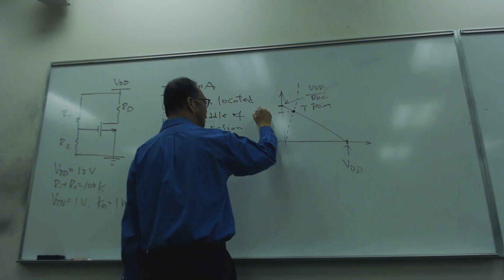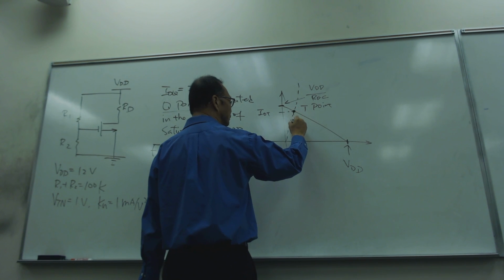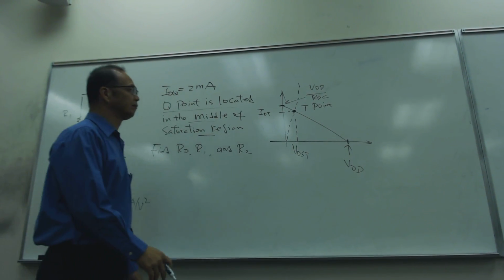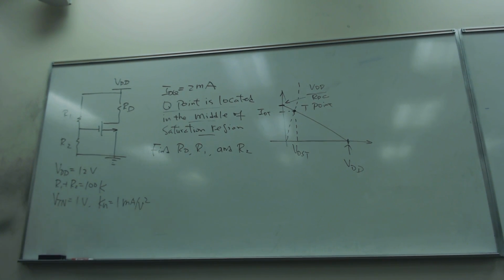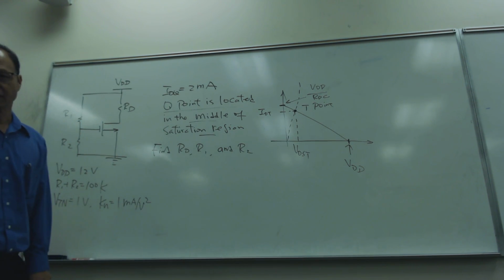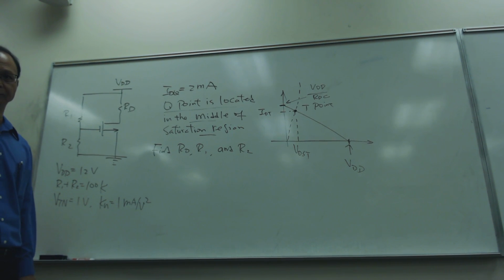So this is IDP, this is VDSP. As I mentioned last time, the P point represents the upper bound of the DC operation. Yeah?